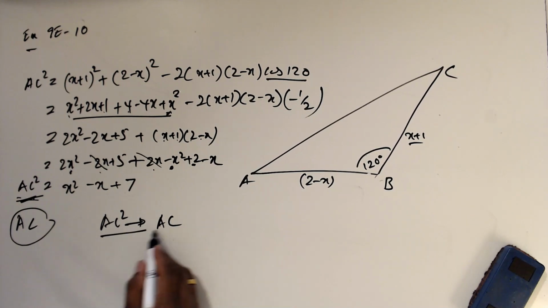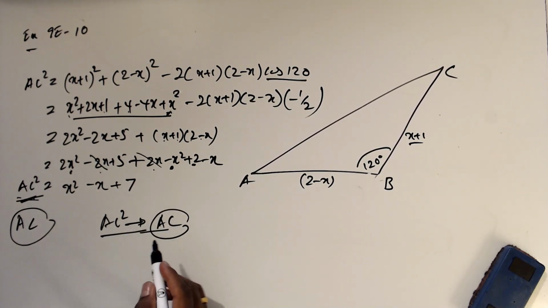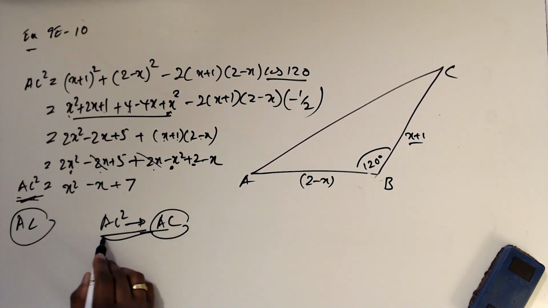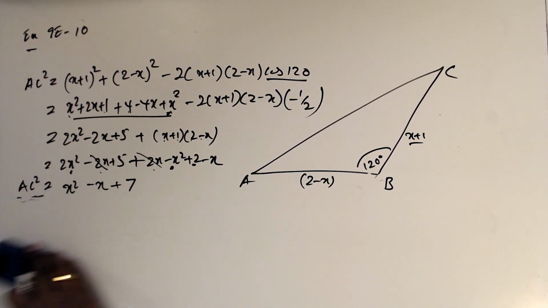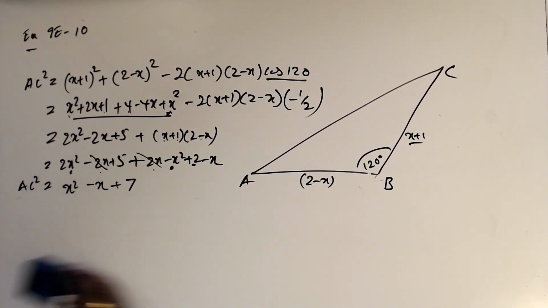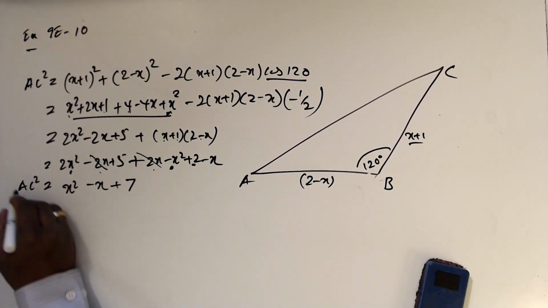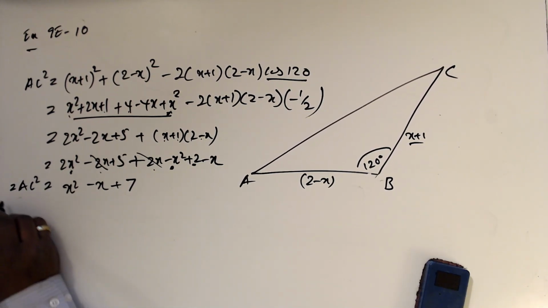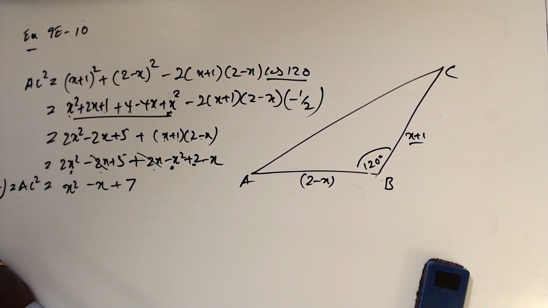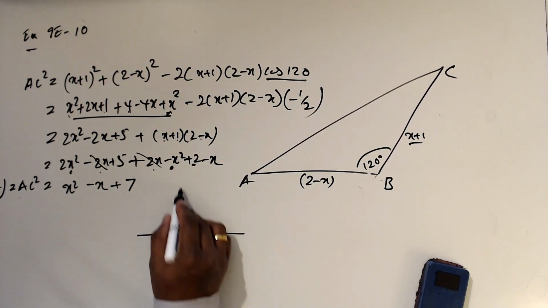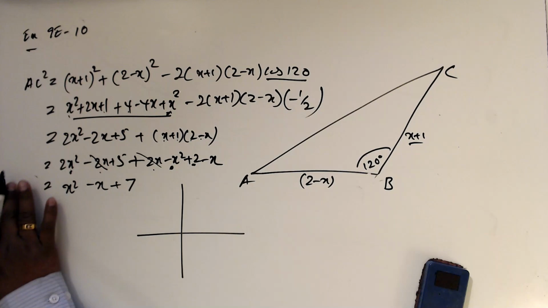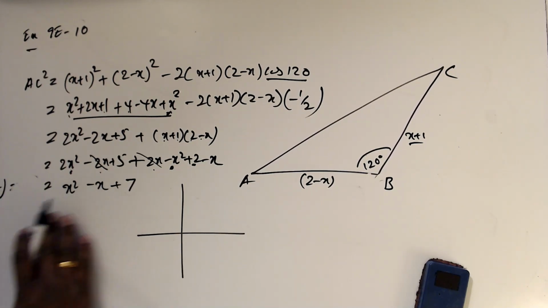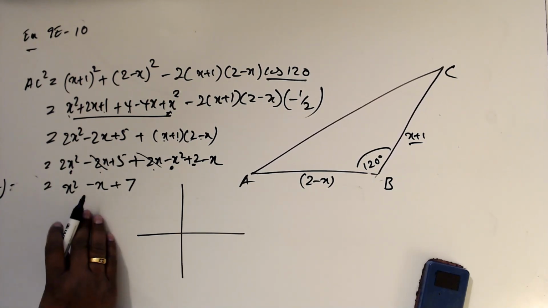So instead of looking at AC, we can look at the behavior of AC square. So it's going to be the same. You can think of this as y if you want. So it's like a graph now. Let's forget about AC square. Now it is a graph: y equals x square minus x plus 7.